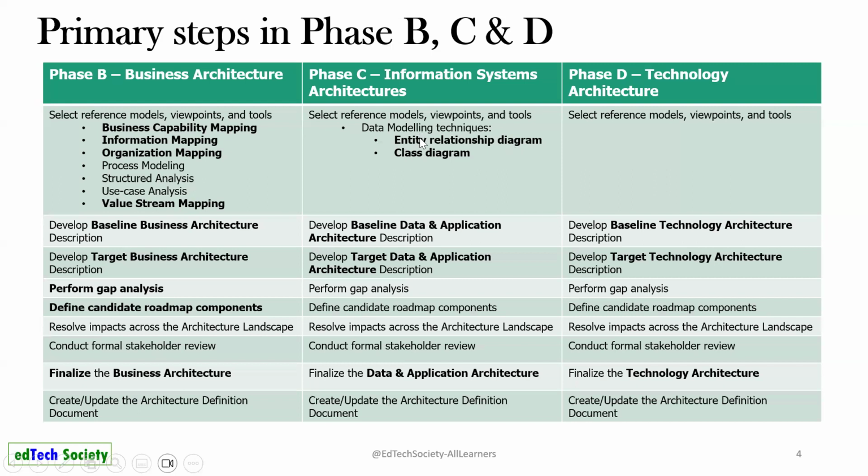These are the techniques normally used during Phase C compared to Phase B. The primary steps are developing the baseline data and application architecture description and the target data and application architecture description, and the same steps like gap analysis, candidate roadmap components, resolving impacts across the architecture landscape, and formal stakeholder review.